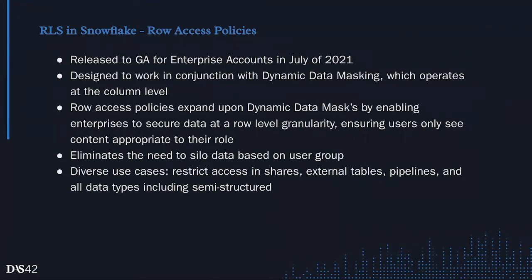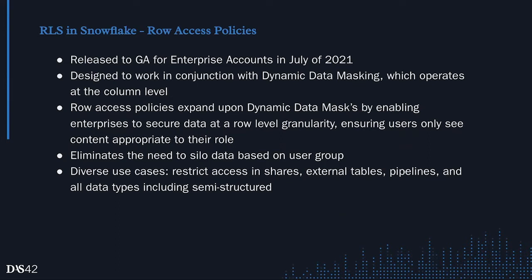Instead, you can just have it all lumped together and filtered seamlessly based on the row access policy itself. A nice thing about these is the diverse use cases. It works with a variety of database objects within Snowflake: shares, external tables, pipelines, and all data types, including semi-structured.